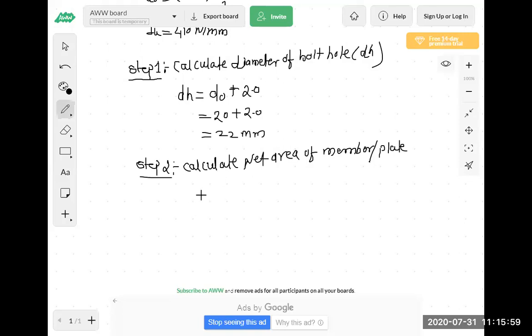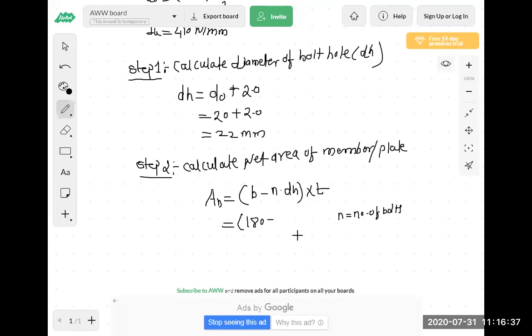So what is the formula for net area of the plate? Now you have to go to the procedure, step number 2. Net area of the plate AN is equal to B minus N into DH into T. Correct. So here B is given, 180. Now N is the number of bolts in plate.